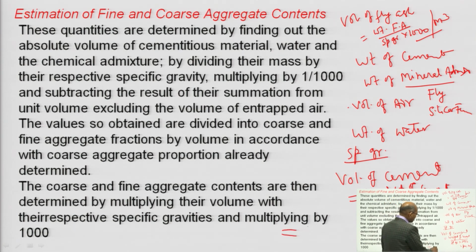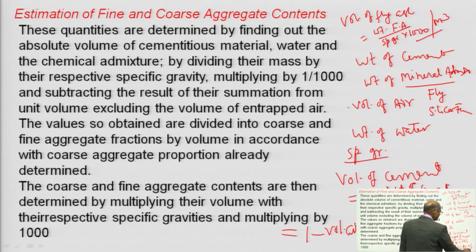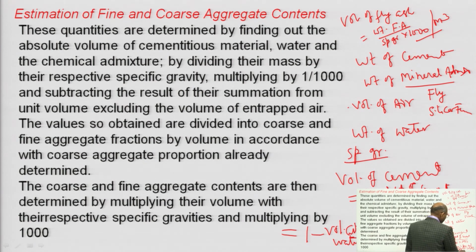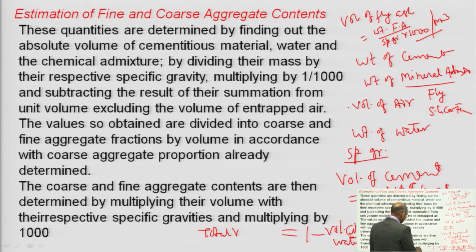Total volume is 1, and then minus the volume of air, minus the volume of cement, minus the volume of water, and minus the volume of admixture. If you subtract these, that is going to give you the total volume of coarse aggregate plus fine aggregate.